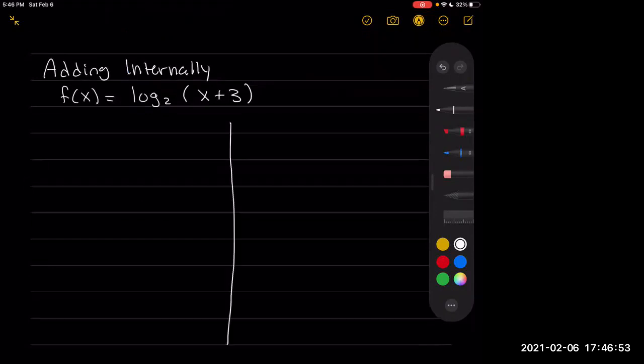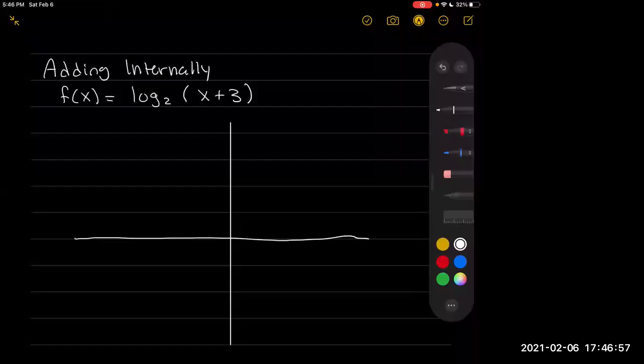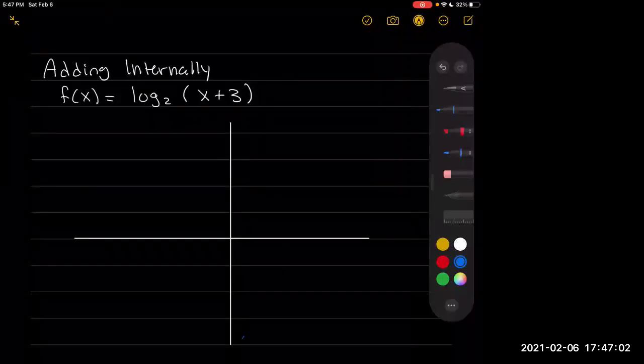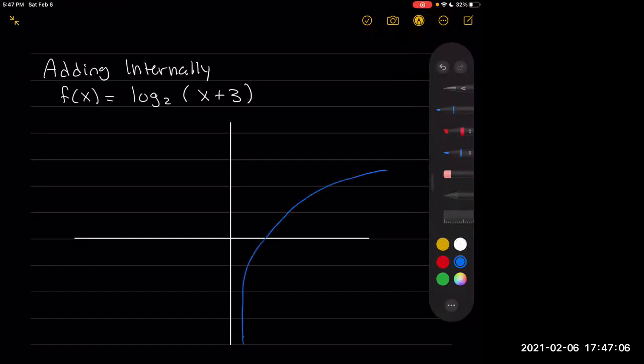So here we go. Here is our original function. And then now we've shifted 1, 2, so 1, 2. Okay, so we've shifted our asymptote over here.